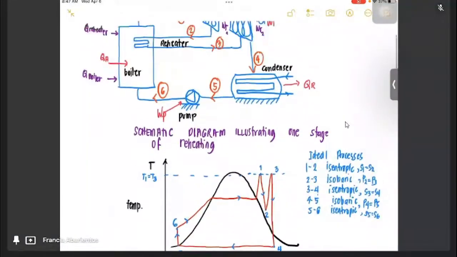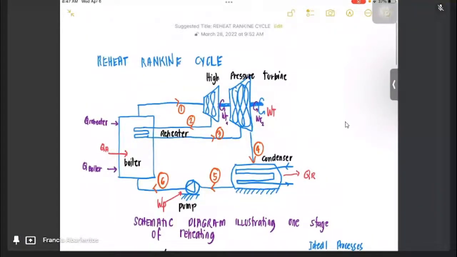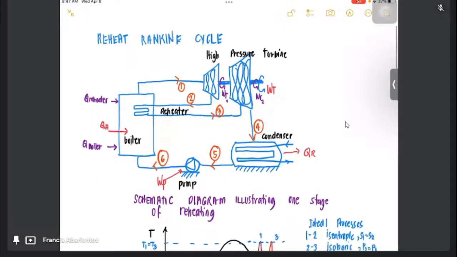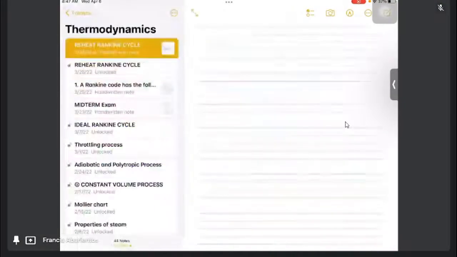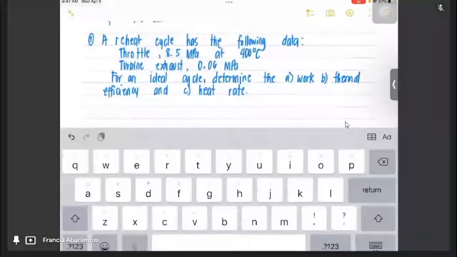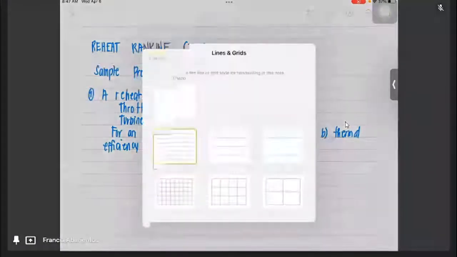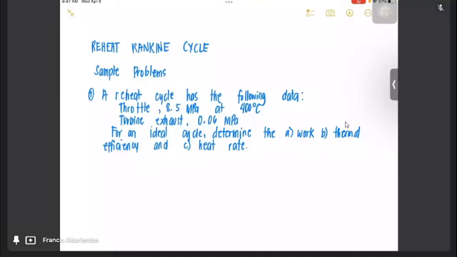So, ano yung application natin dito? Let's try to solve. So, nabasa niyo na to, class? Okay. So, we make use of this sample problem. So, for example, the first is a reheat cycle has the following data. We have the throttle, or this is the turbine at 8.5 megapascal at 400 degrees Celsius.